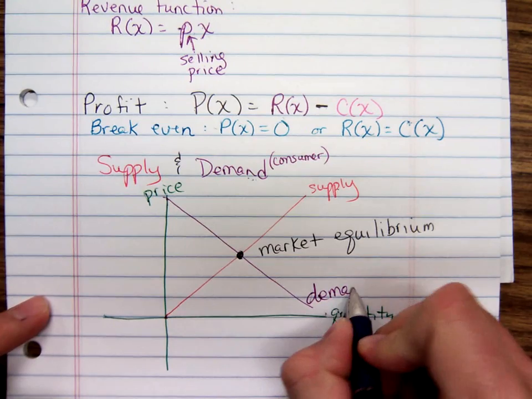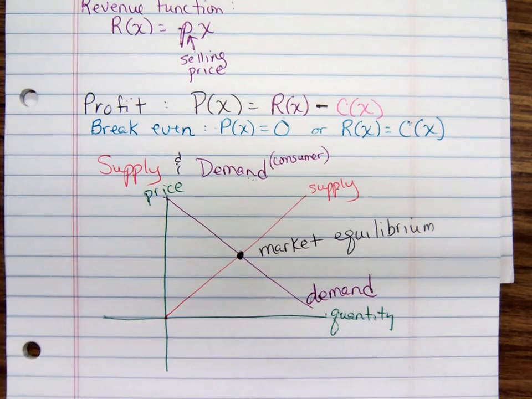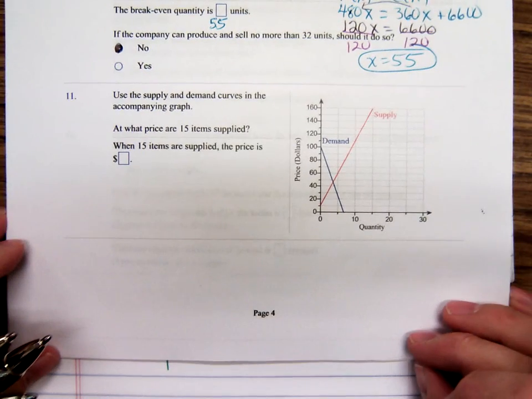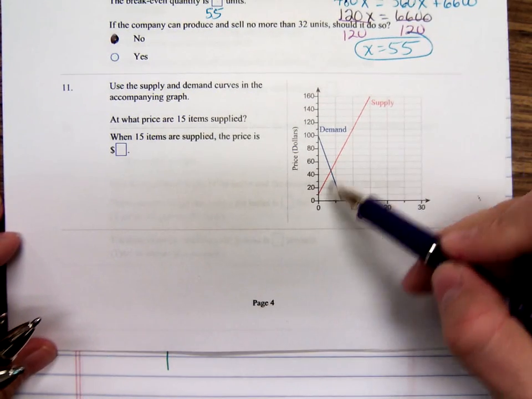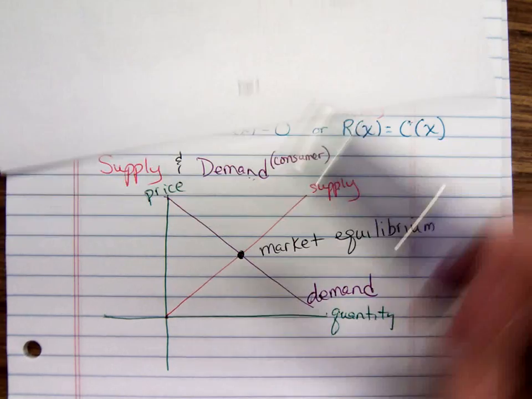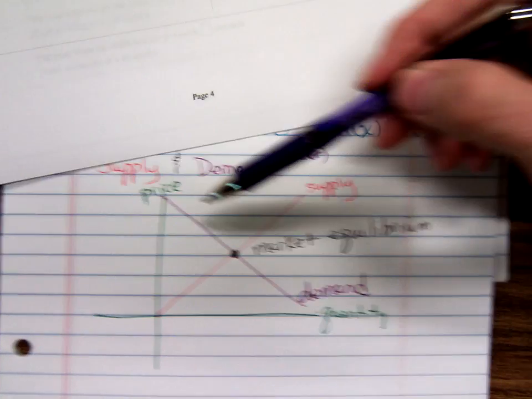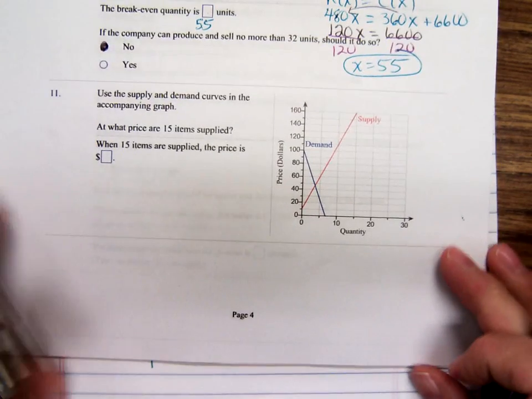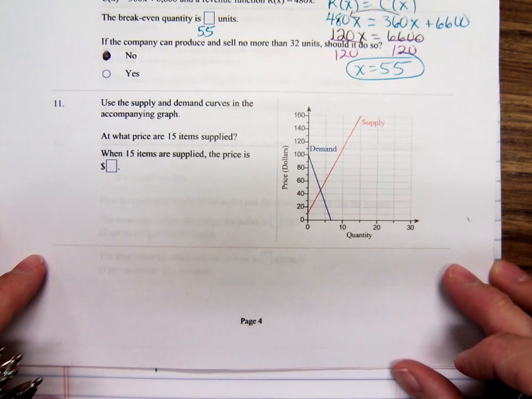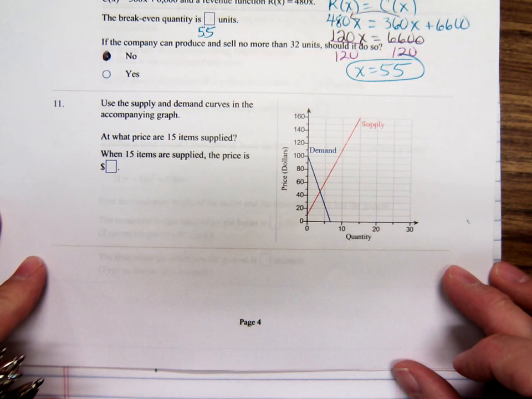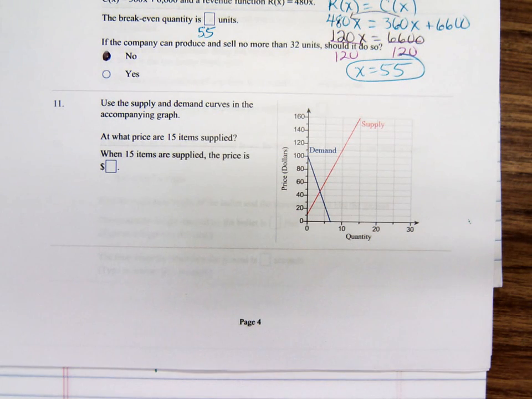And problem number 11, we're given a supply curve, notice, looks like that, and a demand curve. And it says, at what price are 15 items demanded?